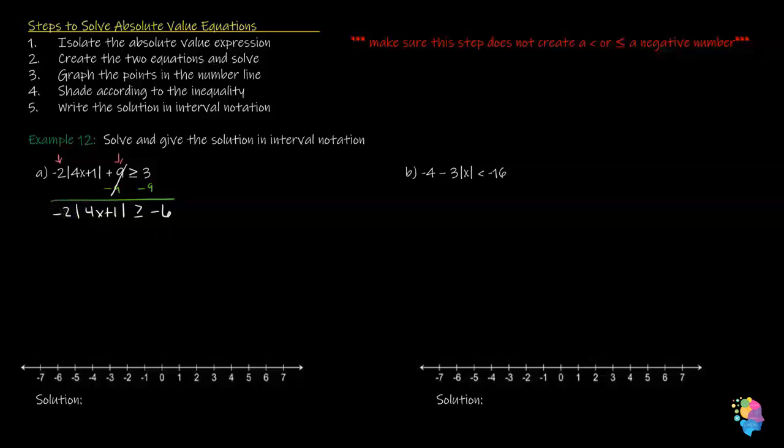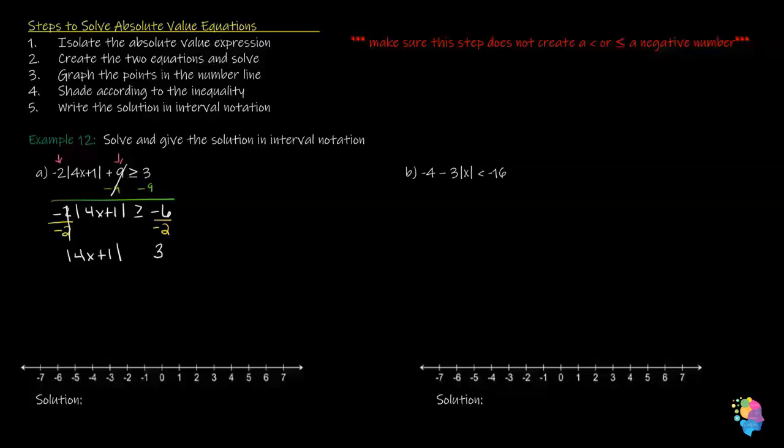So that means that we're going to divide both sides of this inequality by -2. From left to right, the -2 divided by -2 is going to get eliminated. That's 1 times the absolute value, or just the absolute value. On the right side, I have -6 divided by -2. Well, that's going to give me a +3.